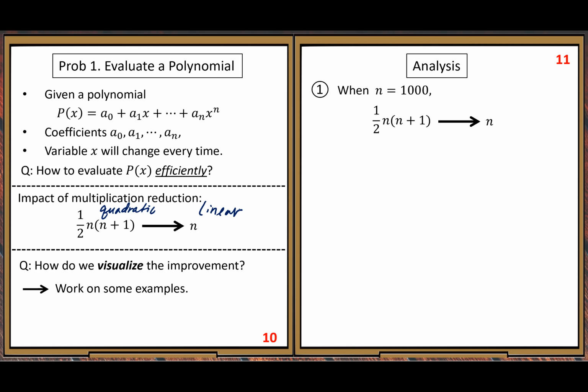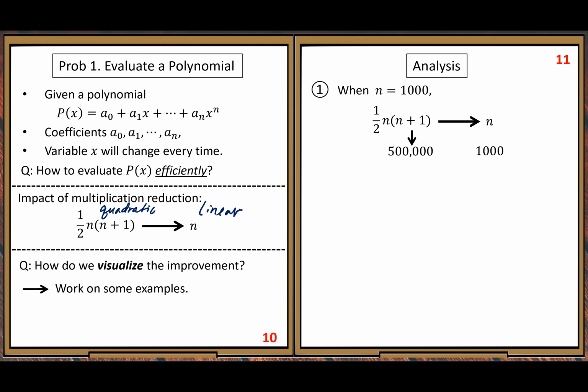We just plug in that number and do the comparison. 1,000 for n, and approximately 500,000 for that quadratic formula. That difference, now you get some idea, right?